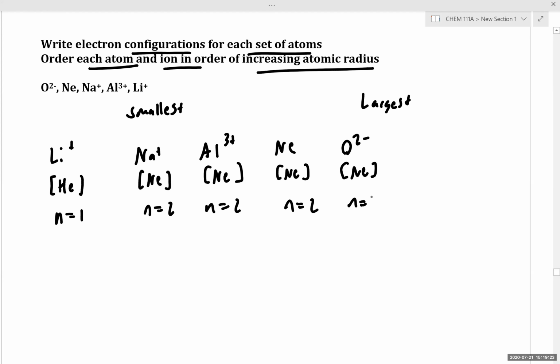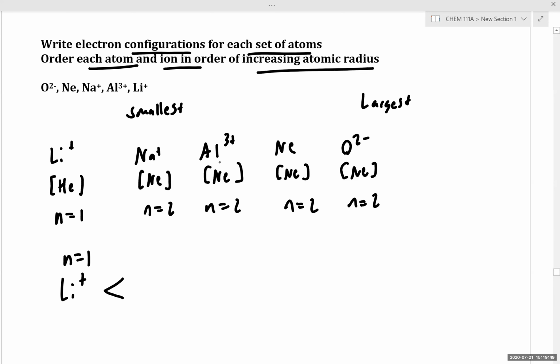Okay, so first and foremost, we consider sorting by n, outermost orbital size. So lithium plus is going to be the smallest because it has the smallest outermost orbital size. It's n equals 1 compared to n equals 2. The electrons for lithium plus in the n equals 1 shell are held closer to the nucleus.